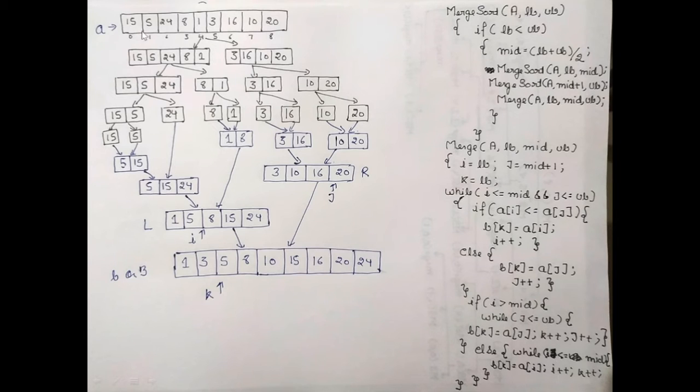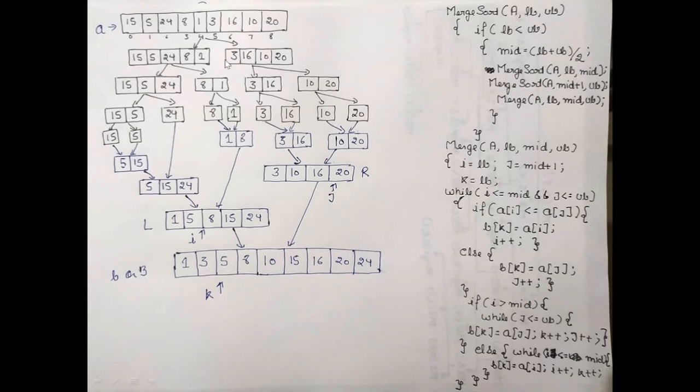Now for this array, that is from 15 to the first, again we'll find the midpoint. The index of the last element is again 4, so 0, 1, 2, 3, 4. So 4 plus 0 is 4, divided by 2 is 2. So from 0 to 2 we have a new array here, that is 15, 5, 24.